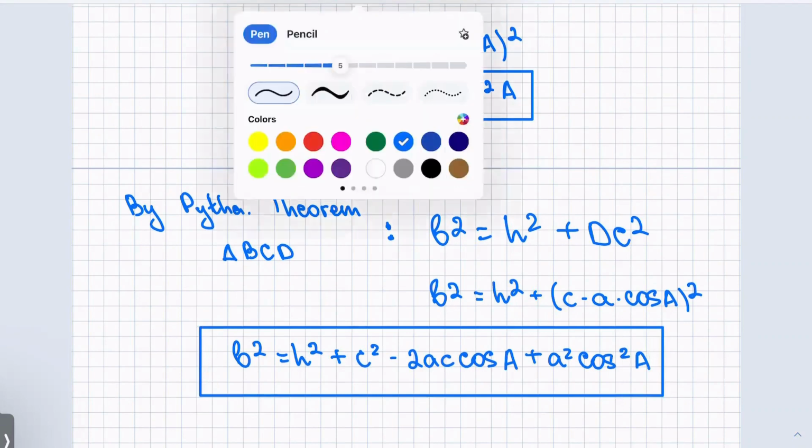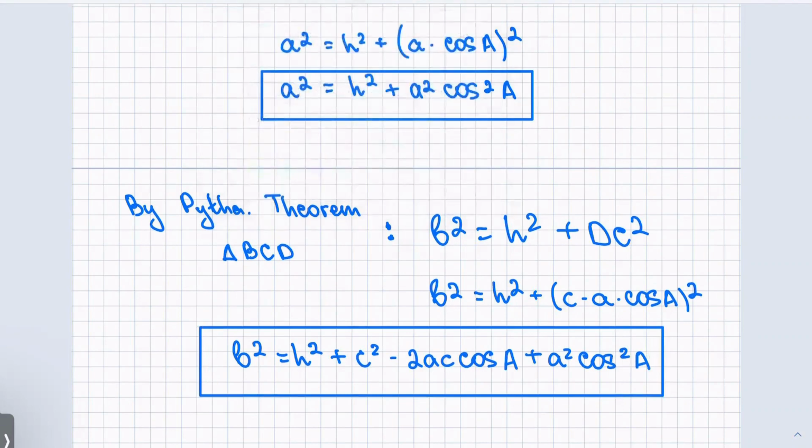Now let's see, dear students, how these expressions, 1 and 2, can be combined. What do we have in each of them? It's our H squared.